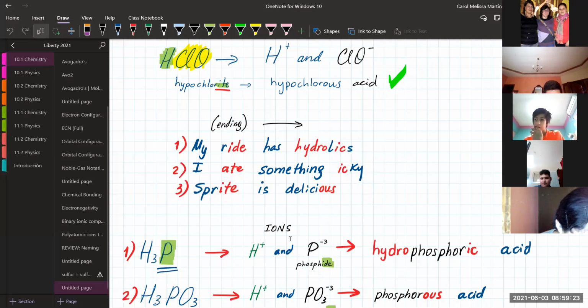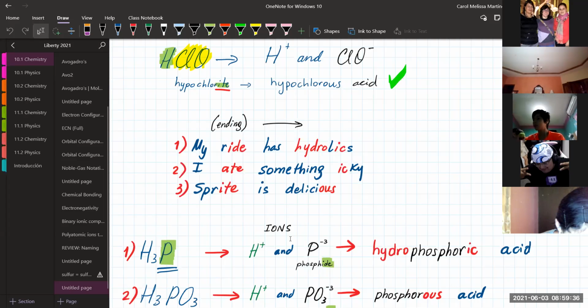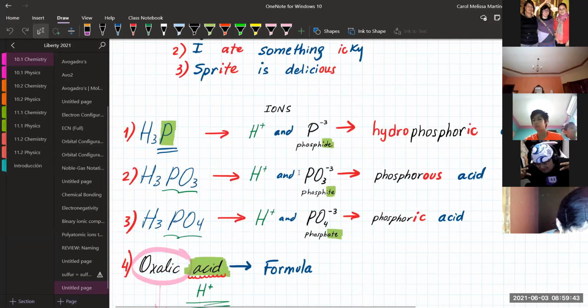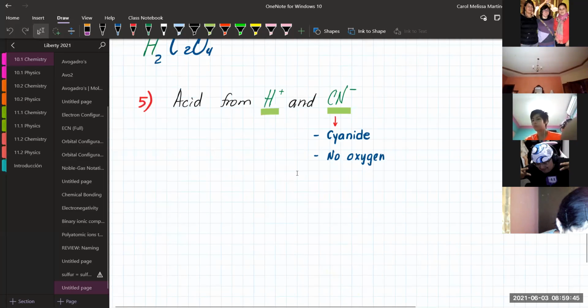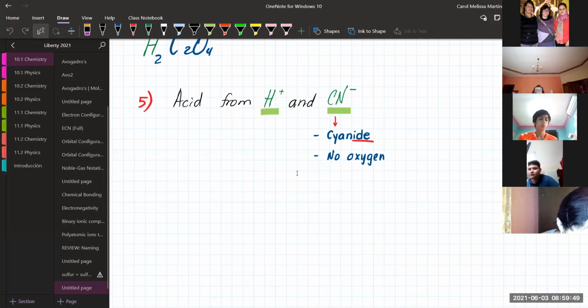It says "my rice has hydro-ics." So in this case, for cyanide, even though it's not binary, the rule for binary acids applies because it doesn't have oxygen and it ends in IDE. So no oxygen and cyanide, so remember, my rice has hydro-ics.